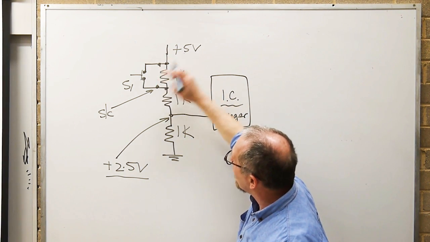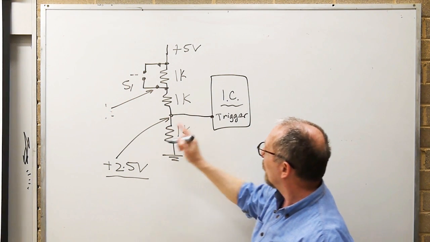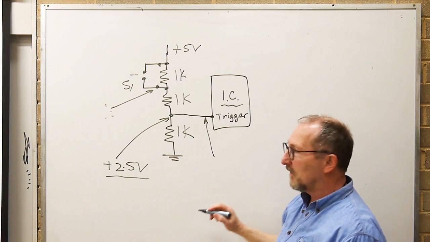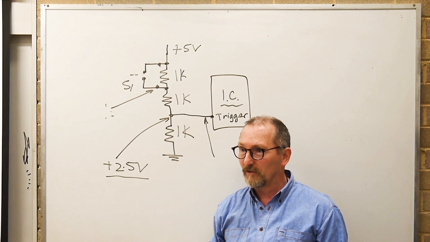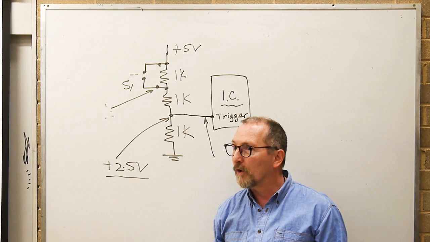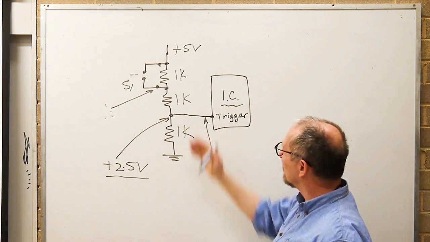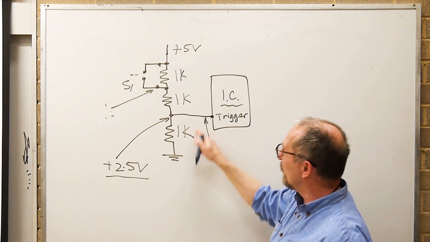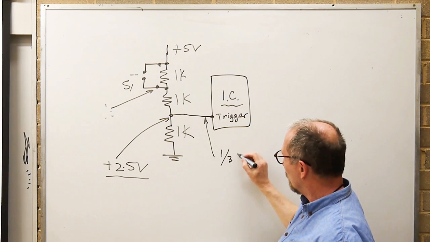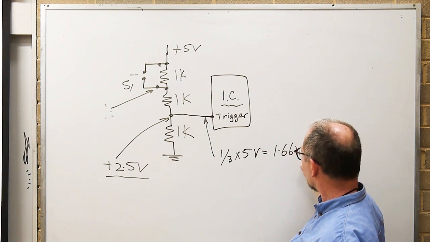If we take away that short circuit and we open the switch, what new voltage would I get at this point now? 1.6? Why 1.6? 3 identical value resistors. How clever. 1, 1, 1, 1/3, 2/3, full voltage, 1/3 times 5 volts equals 1.66 volts. Love it.